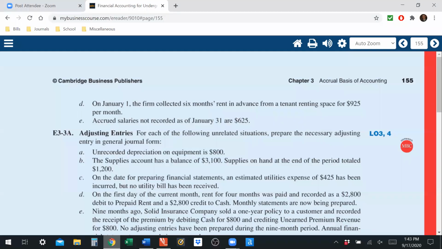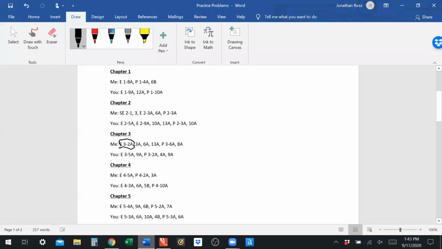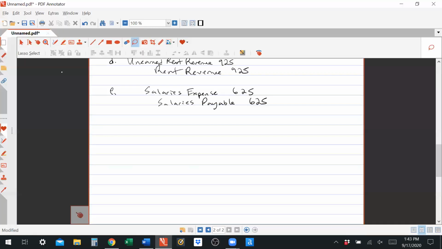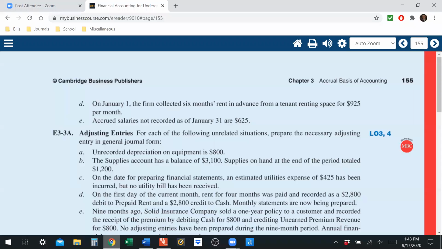The next one we were going to do, according to our document here, is the 3.3a. So let's do that one. For each of the following unrelated situations, prepare the necessary adjusting journal entry.